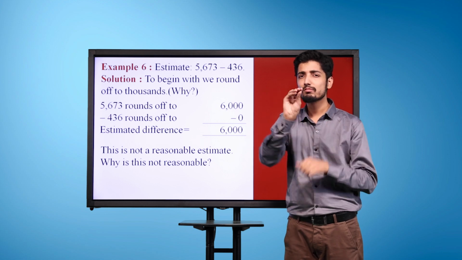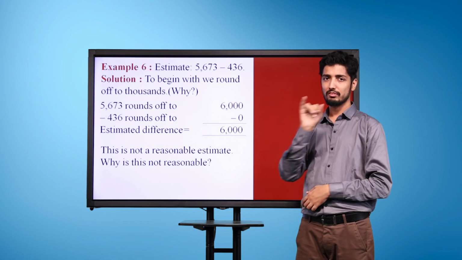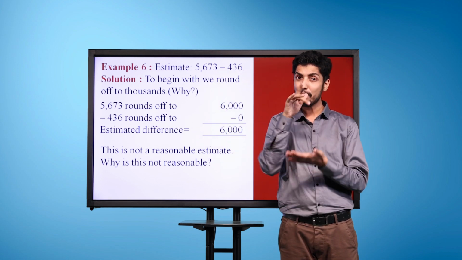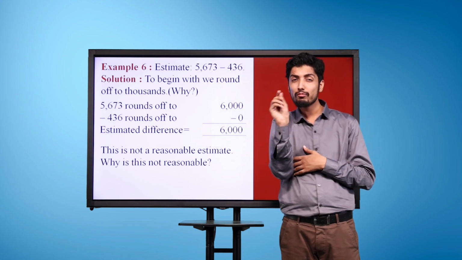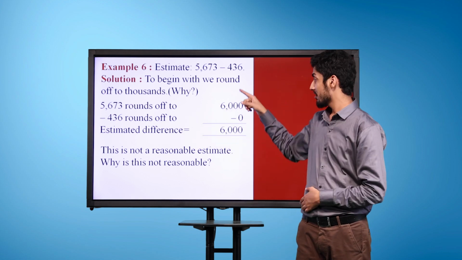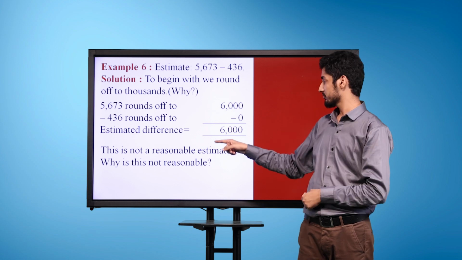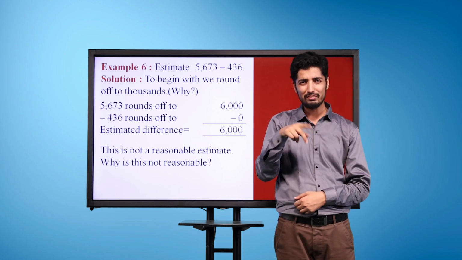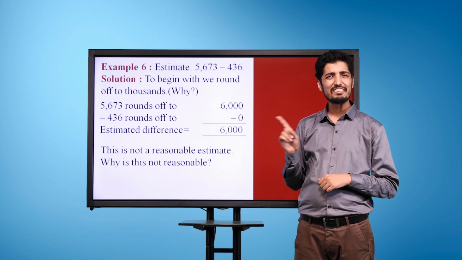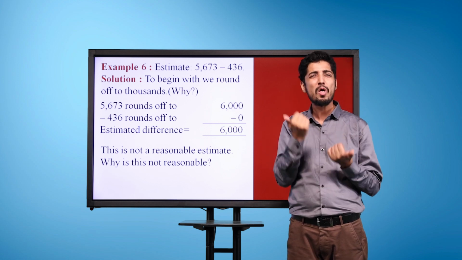Why? 5,673 rounds off to 6,000. 436 rounds off to 0. So, estimated difference is equal to 6,000. This is not a reasonable estimate. Why is this not reasonable?